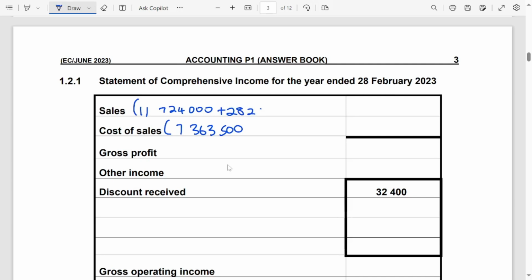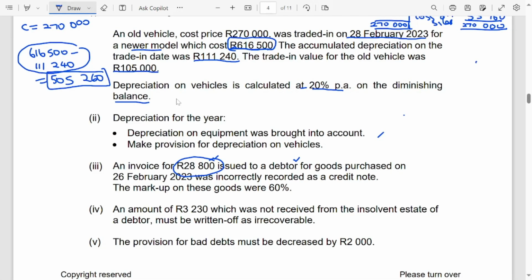The reason is because we are adding the 28,800, the one that we subtracted by mistake because we're not supposed to do that. And now we are adding the one that we're supposed to add.